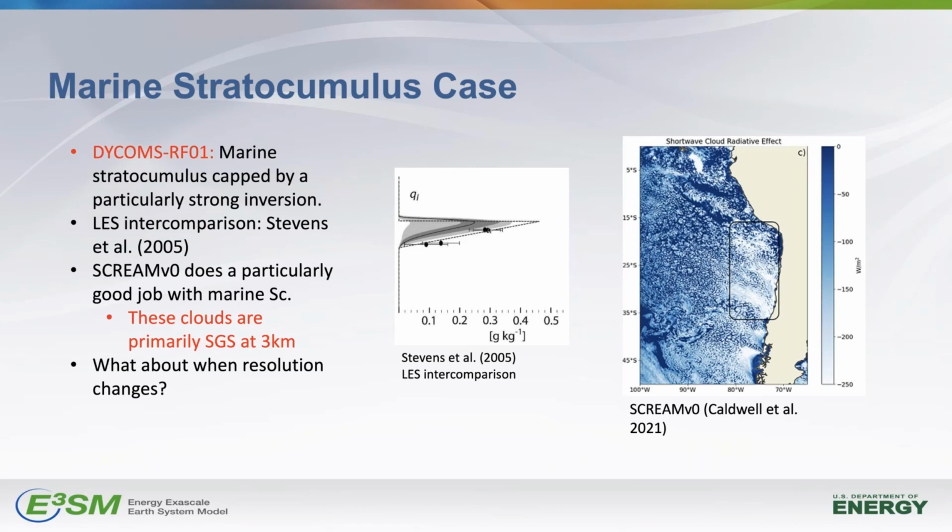I should note that it was found that Scream V0 does do a good job with marine stratocumulus, and it is important to note that the circulations associated with this regime are primarily subgrid scale at 3 kilometers. So this makes the DYCOMS case a good first case to see how Scream performs when resolution changes and within the gray zone of boundary layer turbulence.